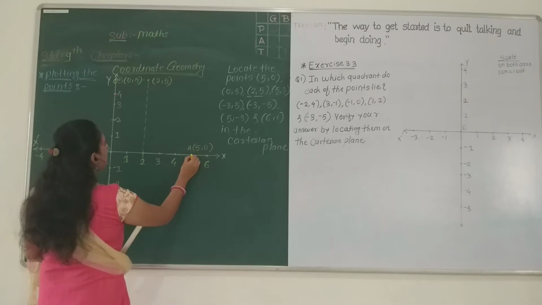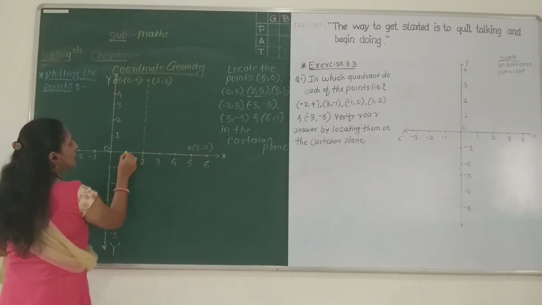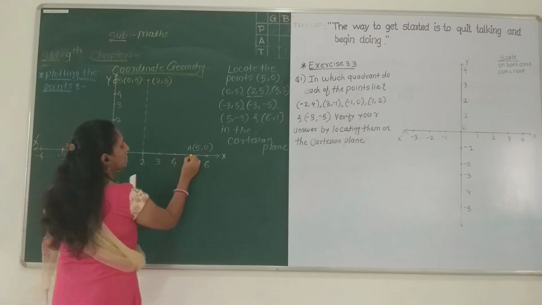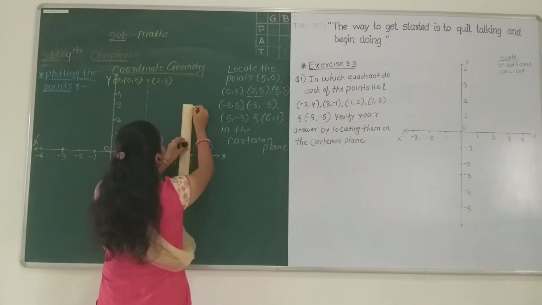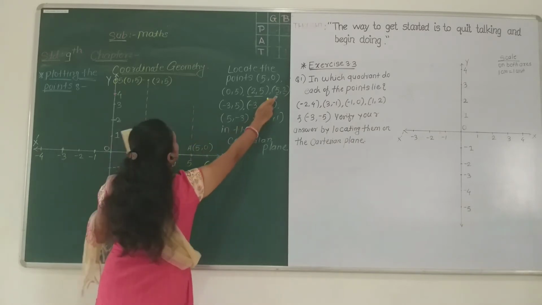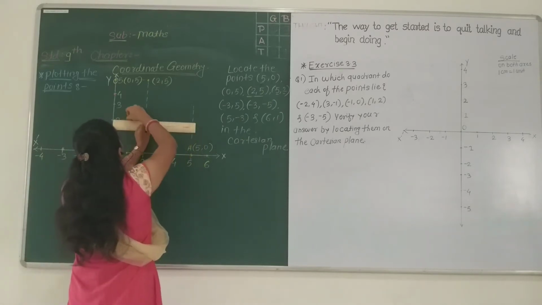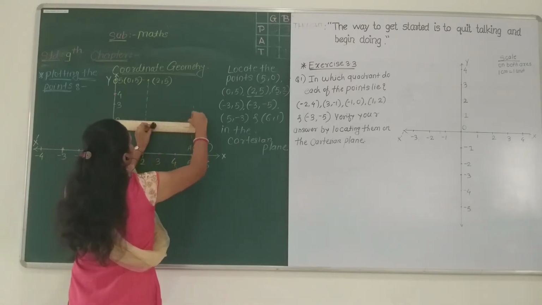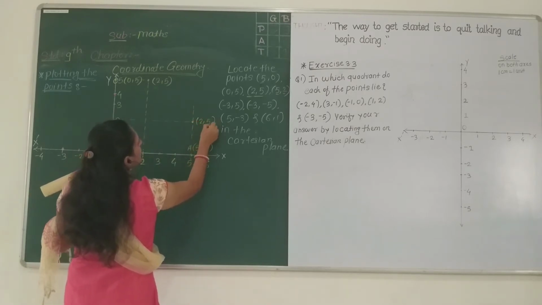First we count from 0: 0, 1, 2, 3, 4, 5. The point is 5. We make the point, make a line, and on the y-axis it is 2. Okay, so this point is (2, 5).